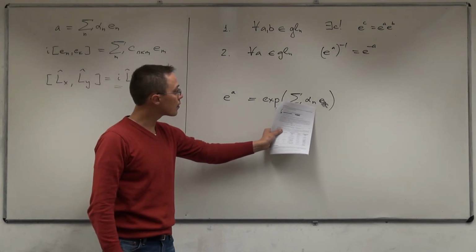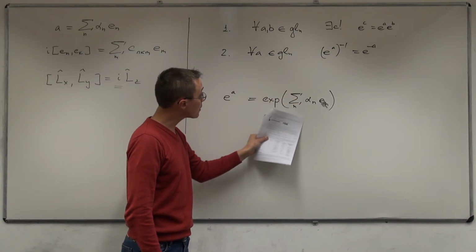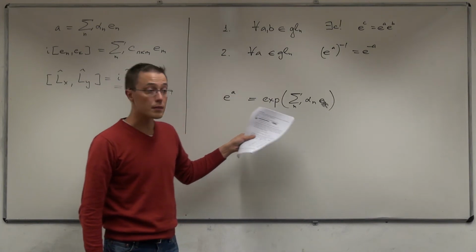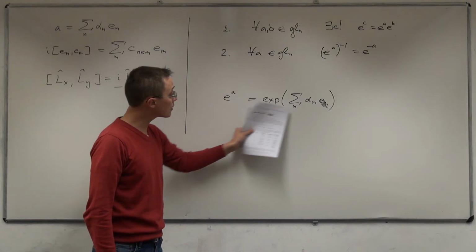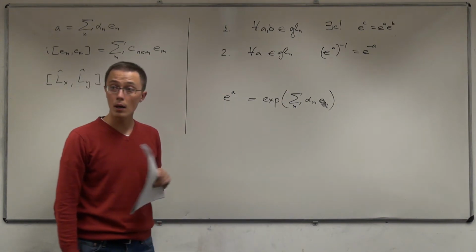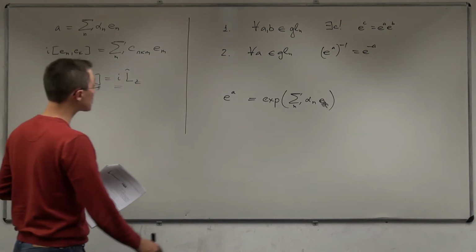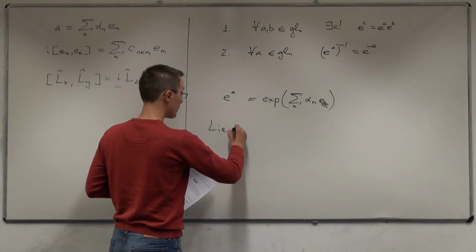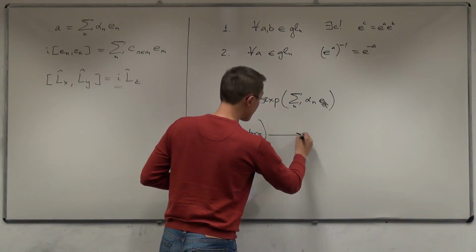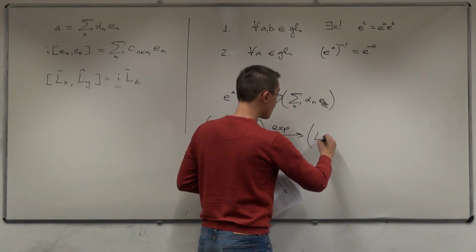We have those parameters that parameterize the group in the vicinity of any specific element, and clearly this is a function that is continuous and differentiable with respect to alpha_m. And so it turns out that if we have a Lie algebra, there is a map accomplished by this exponentiation into a Lie group.